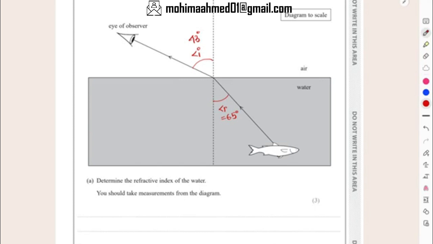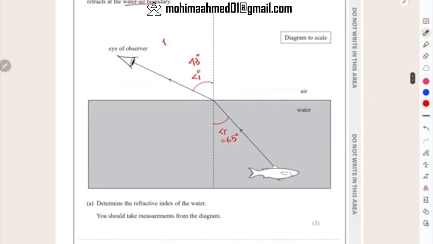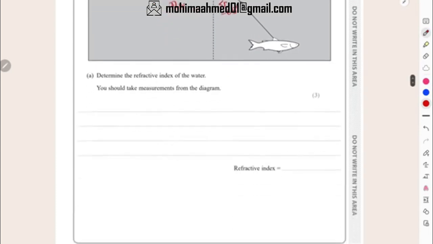That is the overall procedure. Now again, this was the first medium and this was the second medium. In the first medium, the refractive index of air is always 1, and this was the refractive index of water, which we have to find out. So we'll start writing the equation as n air sine i equals n water sine r.